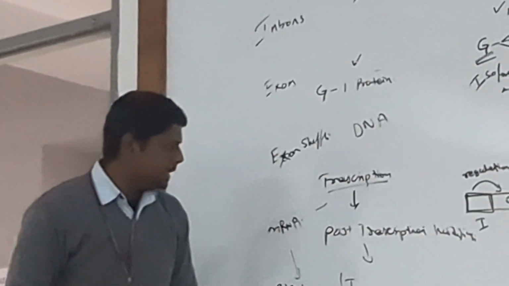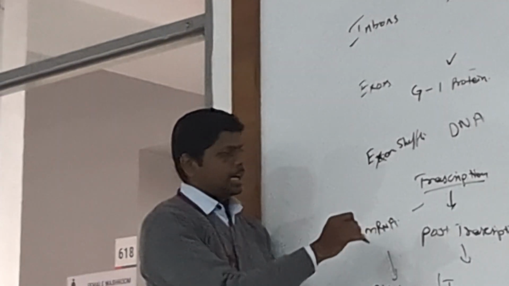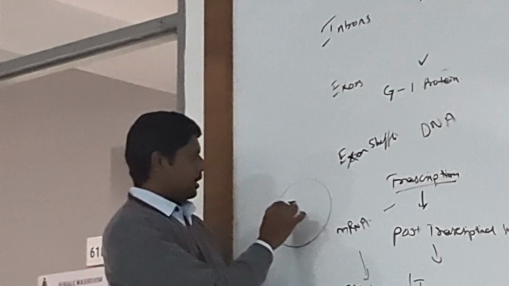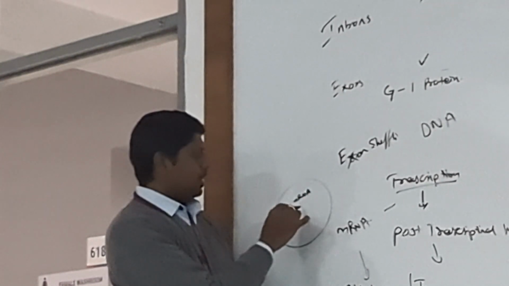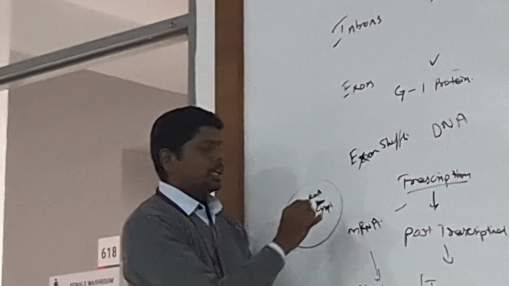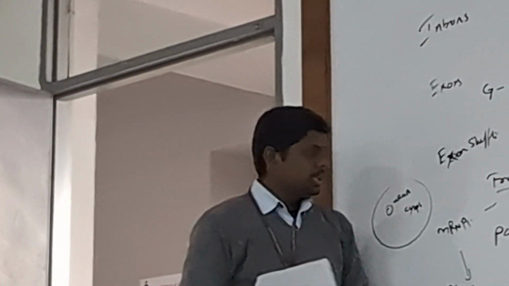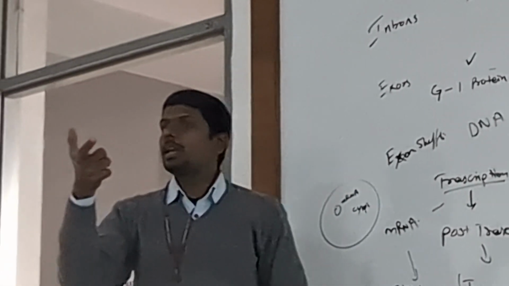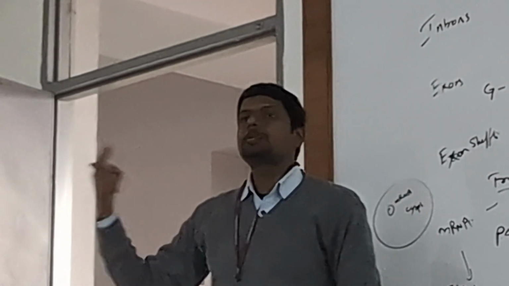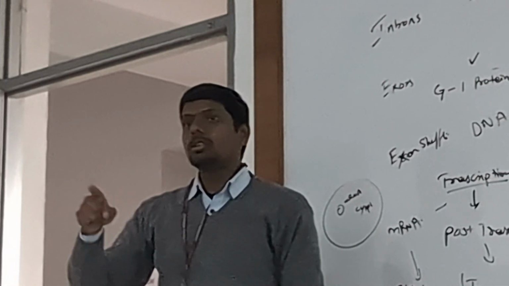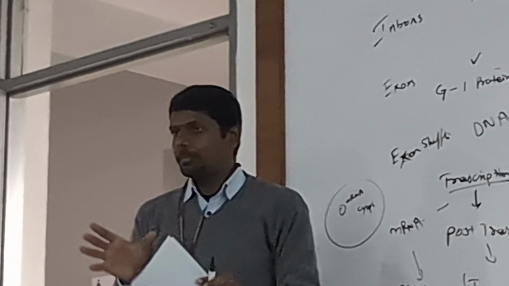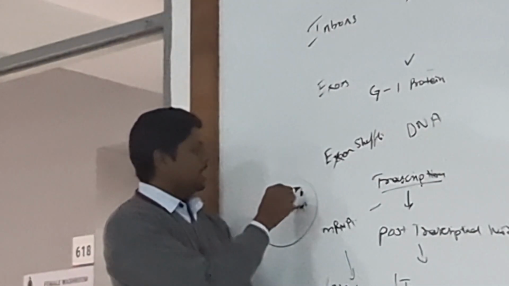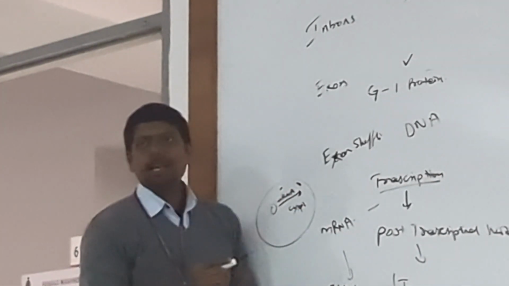Now, see, when we are sending a pure RNA from the nucleus into the cytoplasm, there is a problem. The terminal ends of the mRNA might be lost due to cytoplasmic enzyme activity. In the cytoplasm, there are some enzymes that will destroy the proteins. Now, these enzymes can mistakenly damage the mRNA.